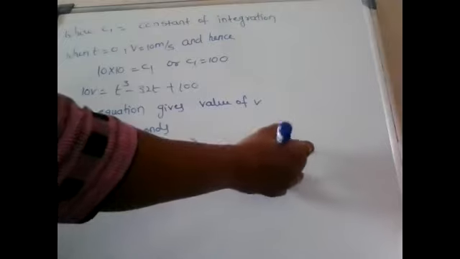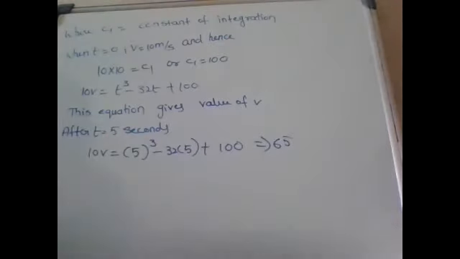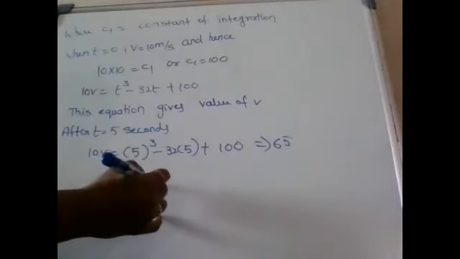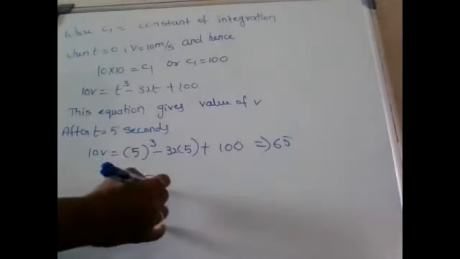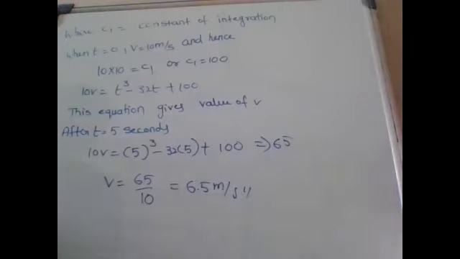We get answer 65. v equal to 65 by 10. We get 6.5 meter per second. This is the answer.